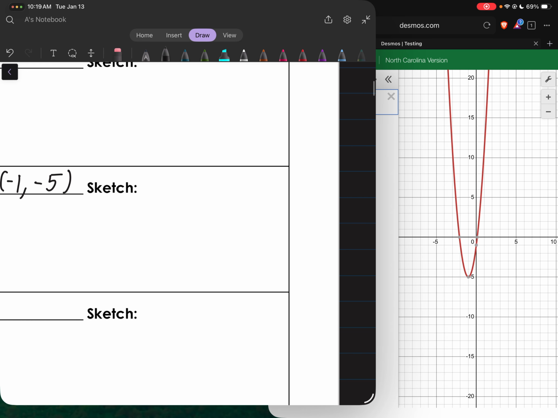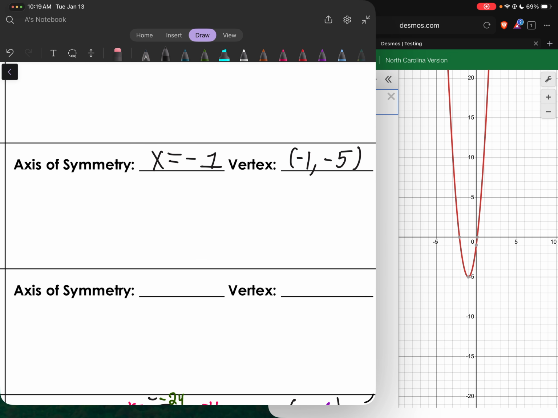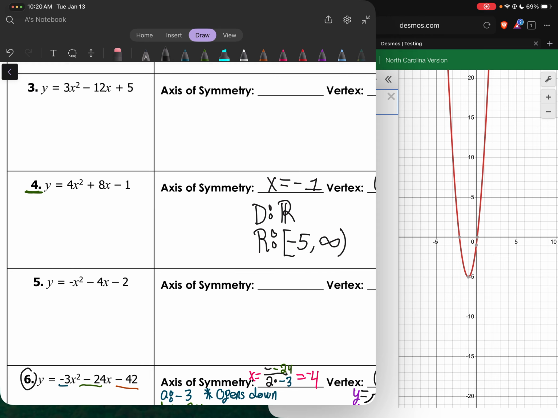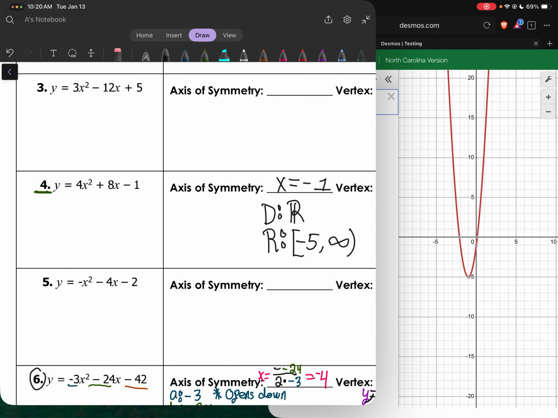From here, you can sketch it. Now I can fill in domain and range. -5 to infinity. That's number 4, completely finished.